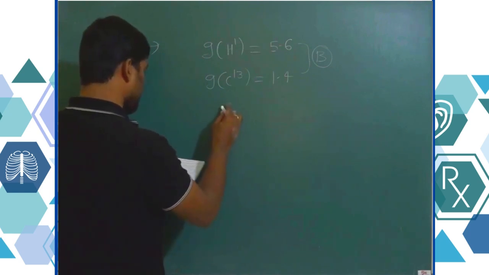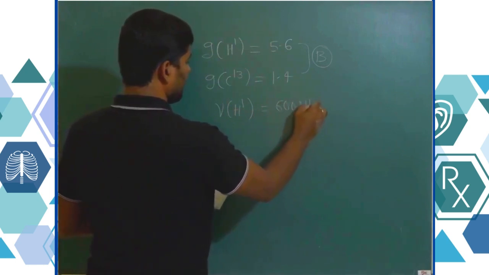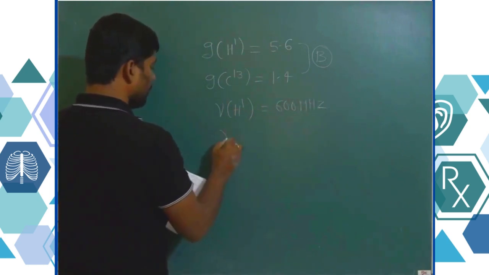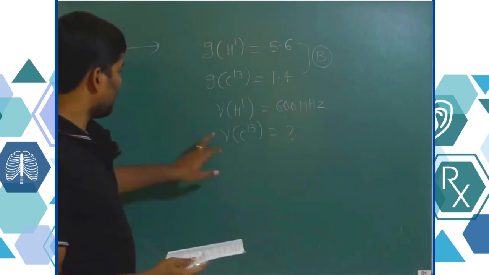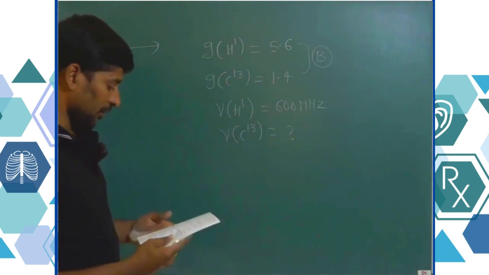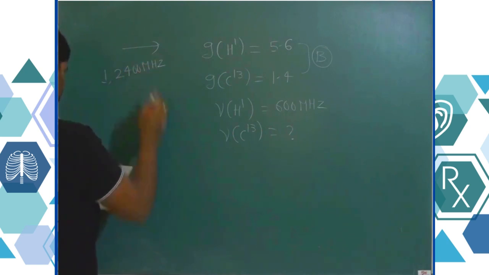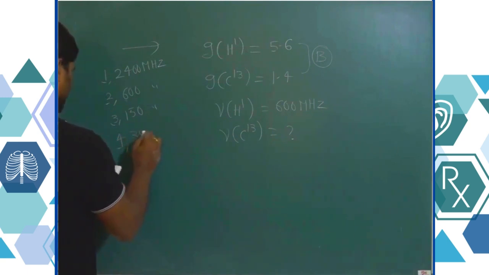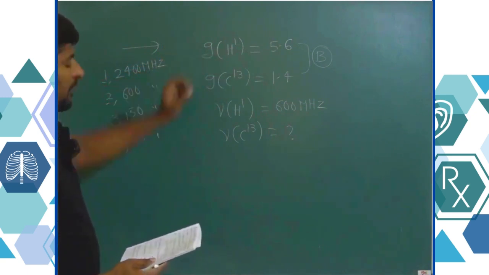If H1 resonates at 600 megahertz, C13 would resonate at what? The resonance frequency of H1 is 600 megahertz. What is the resonance frequency of C13? Options given: 2400 megahertz, 600 megahertz, 150 megahertz, 38 megahertz.